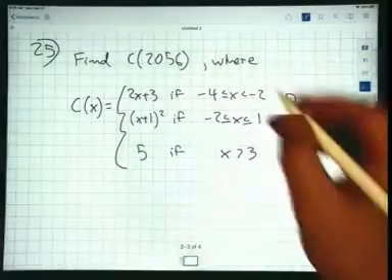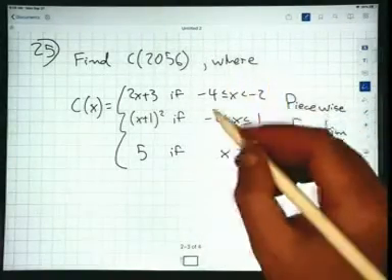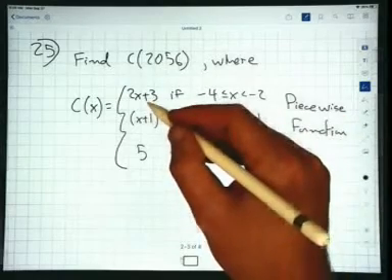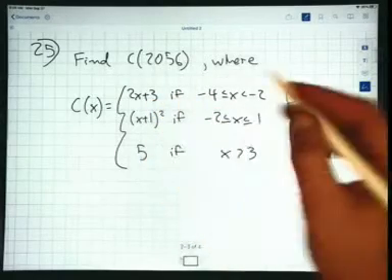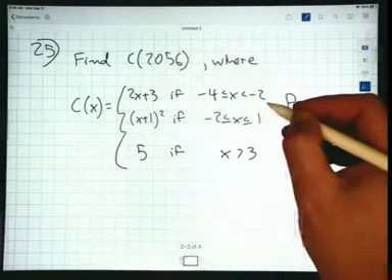Now, we can look at the graph of this in just a second, but you only evaluate the part of a function when your x is in this given interval.